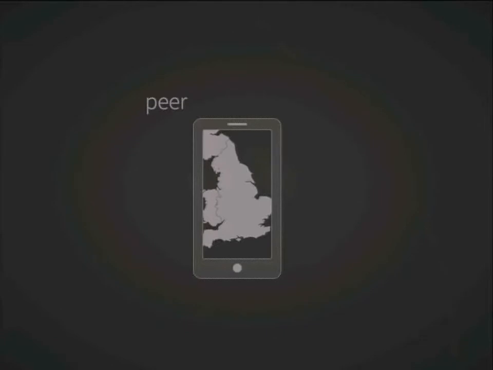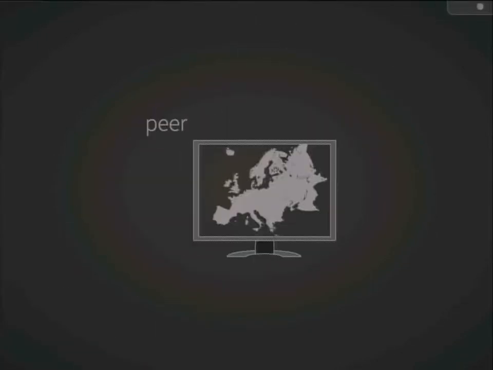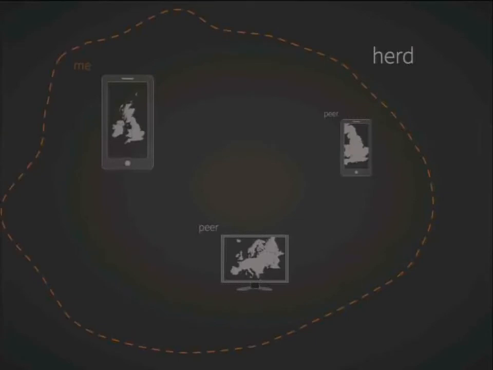So me and my peer. And then a third one could also be looking at England and has a bigger screen, so just sees the whole of Europe. So they all are peers, they all are together in what we call a herd. Has nothing to do with the name of the application, obviously.